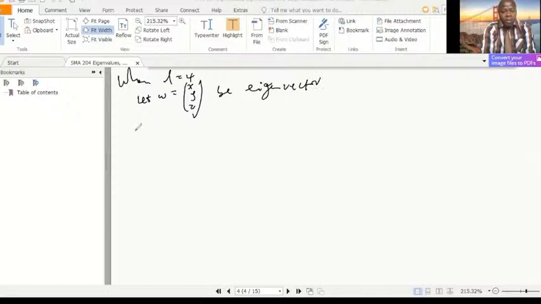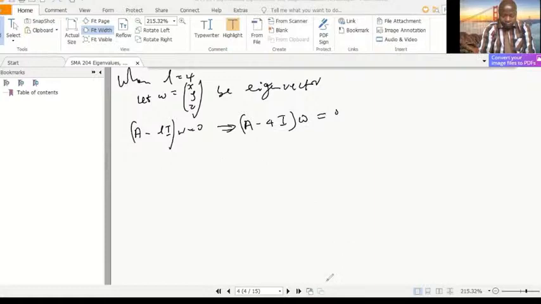So what we want to do, therefore, is A minus lambda I followed by W equal to 0. But in this case, our lambda is 4. So in fact, we want A minus 4I followed by W equal to 0. So what is A? A was 6, 2, 2.